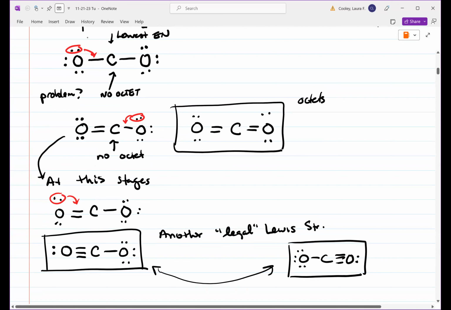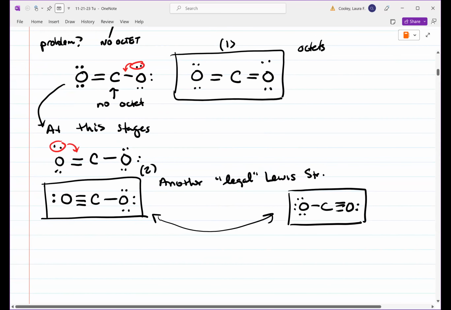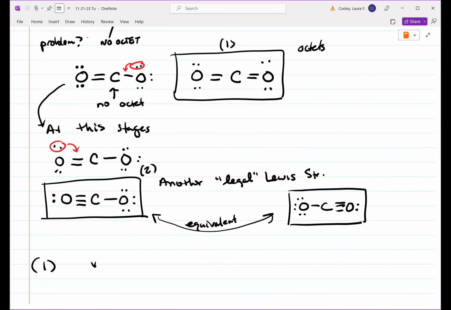It's really the same, just flip. So the thing is, we have essentially two different structures. And we would like to know which one of these is better. These two are basically equivalent, so I'm only going to look at one of them. So we want to know 1 versus 2, which is better.